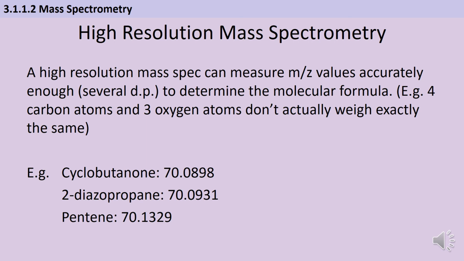So you know that nothing apart from carbon actually has an integer mass. And if you use high resolution mass spectrometry, then you can start to see the differences. So for instance, we've got 3 different compounds there, which I would essentially say have a relative formula mass of 70.1. But actually, if I use high resolution mass spectrometry, I can begin to differentiate between them.